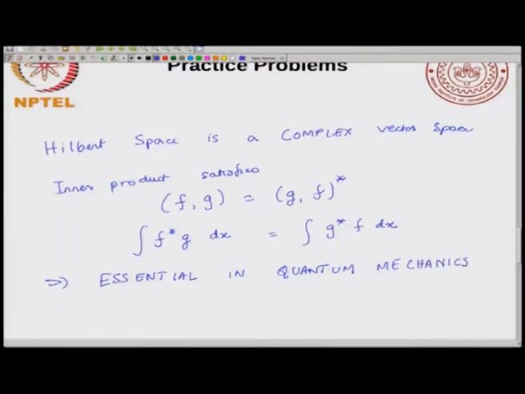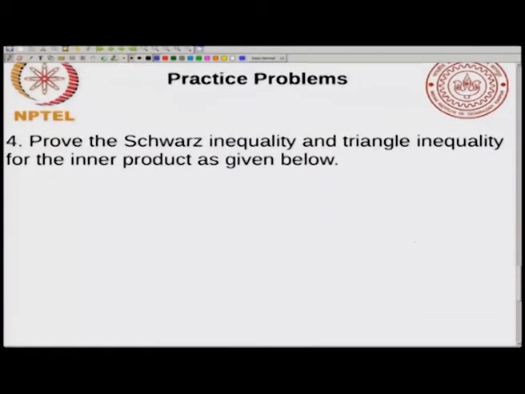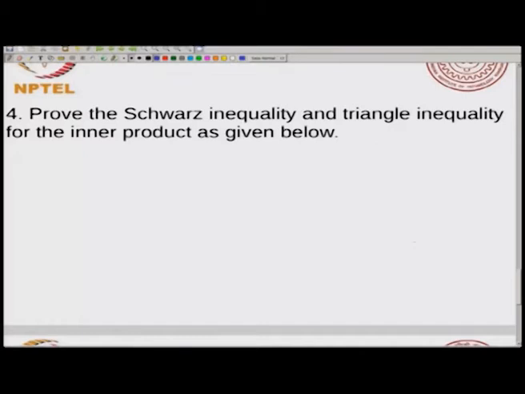Okay. So, the next practice problem is to prove the Schwarz and triangle inequality for the inner product as given below. So, what is the Schwarz inequality and what is the triangle inequality? We will prove this in general. So, I will just tell you what the Schwarz inequality is. For any inner product space and for any inner product, the Schwarz inequality basically says that the inner product of f and g should be less than or equal to the square root of the inner product of f with f times the inner product of g with g.